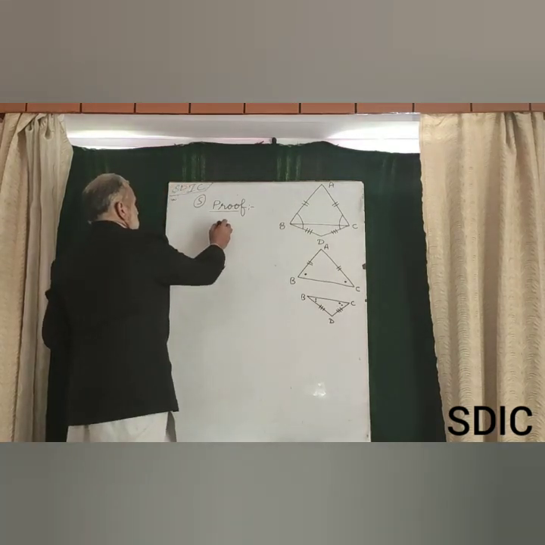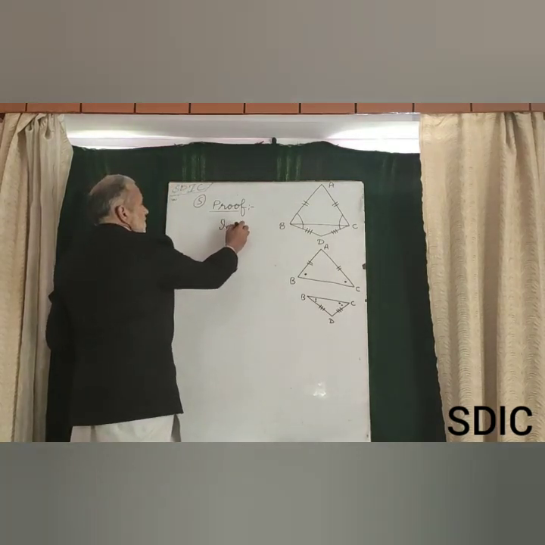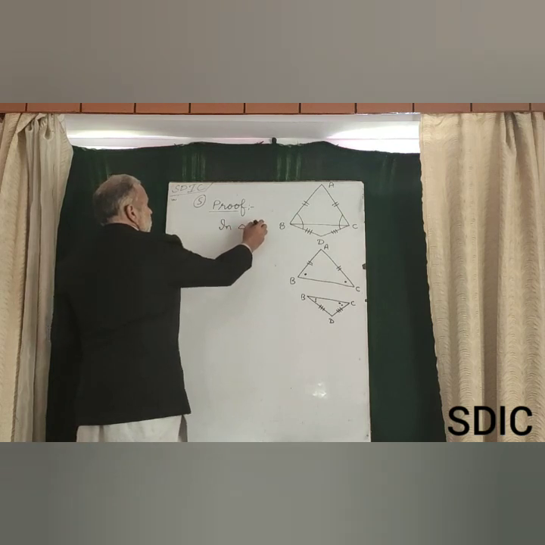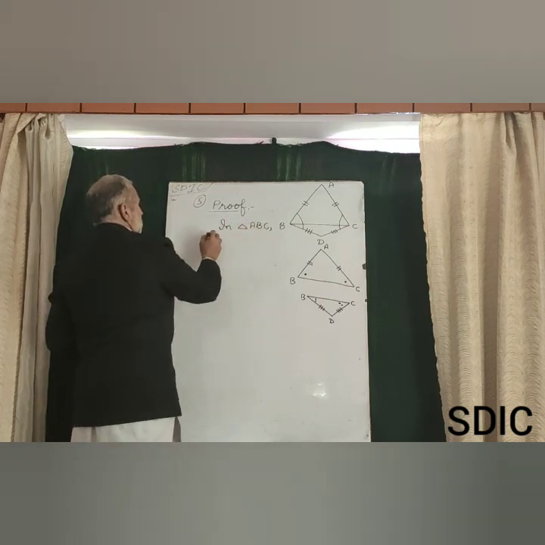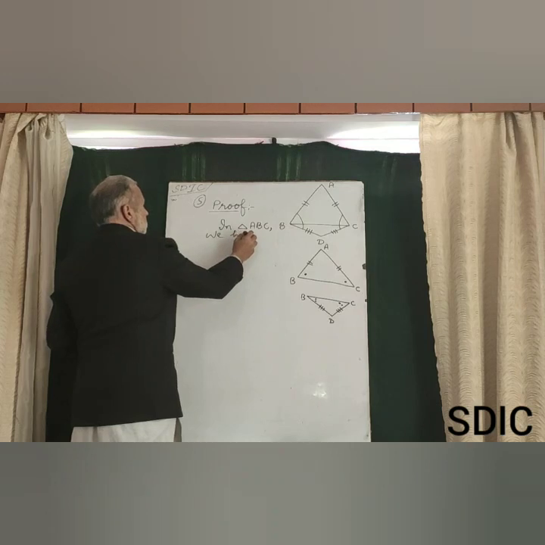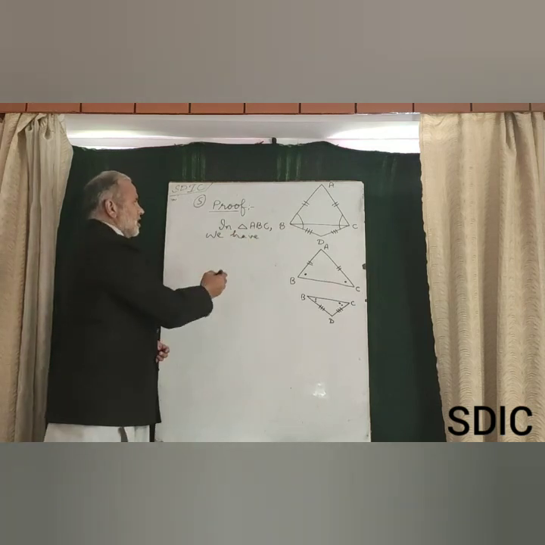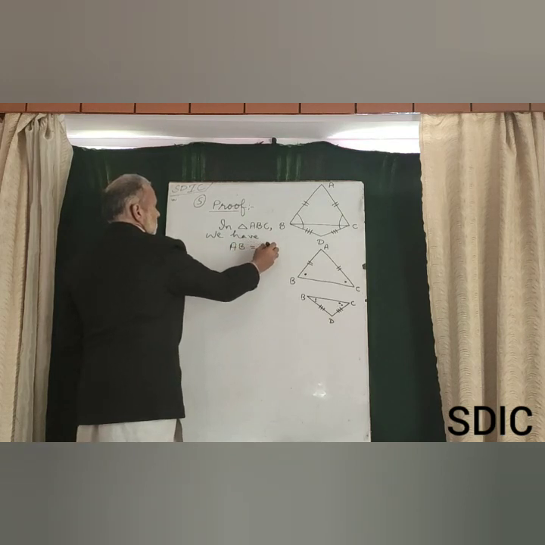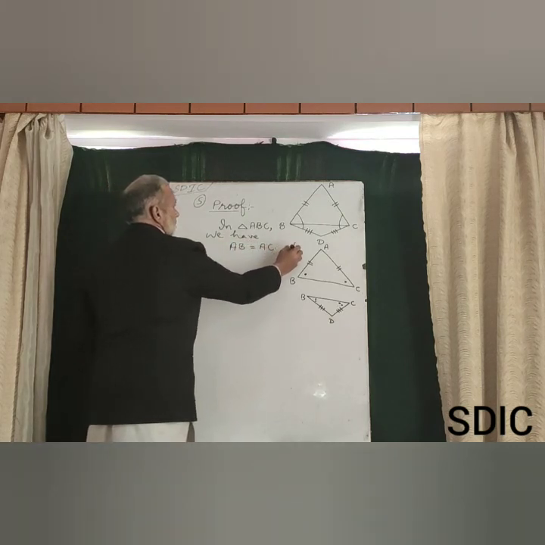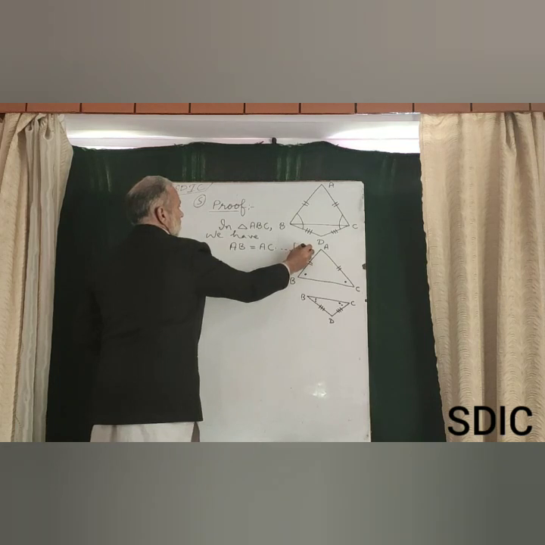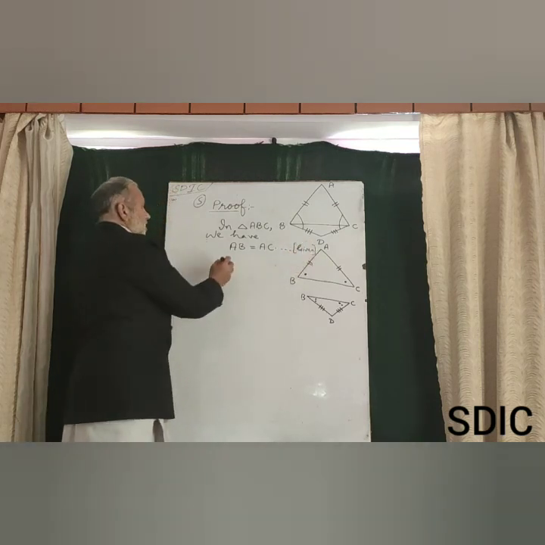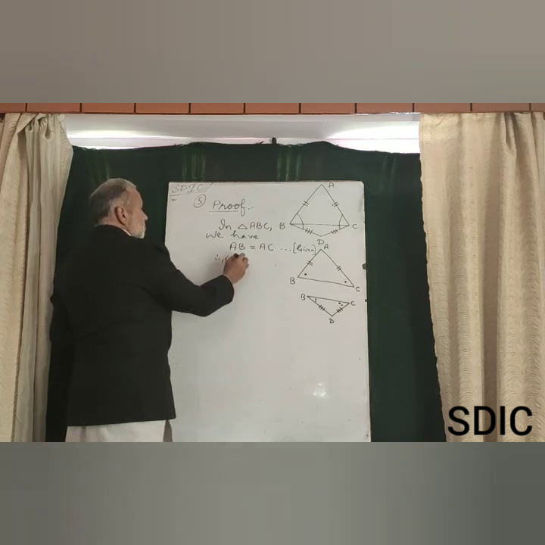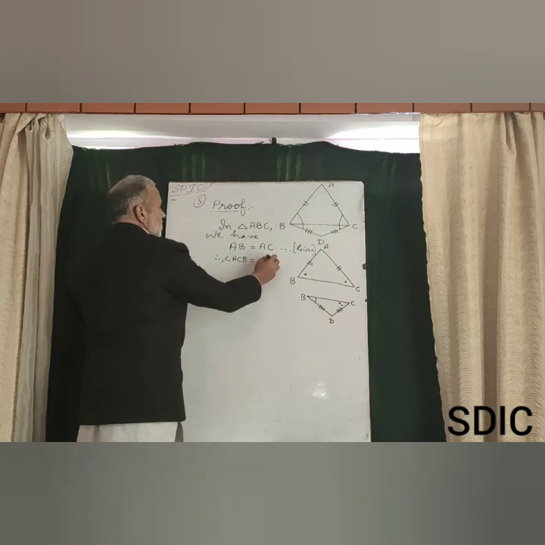Let us write it quickly. We have triangle ABC. In triangle ABC, AB is equal to AC. It is given to us, right in the bracket, given. And then the result, therefore, angle ACB is equal to angle ABC.